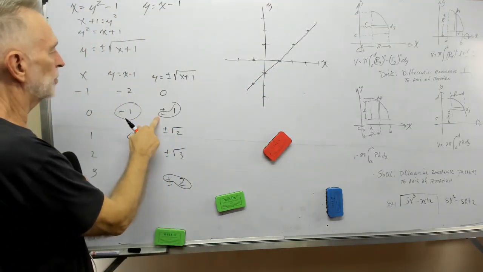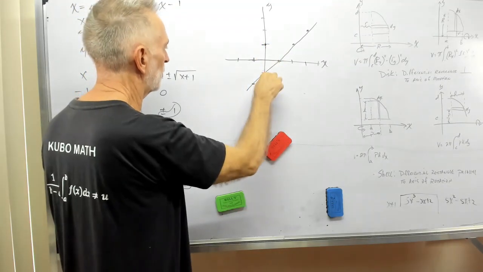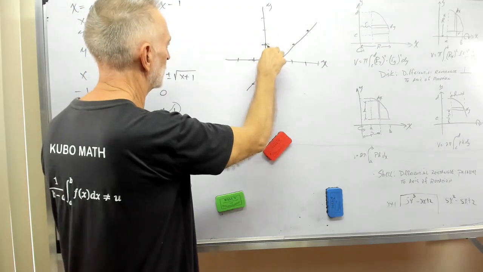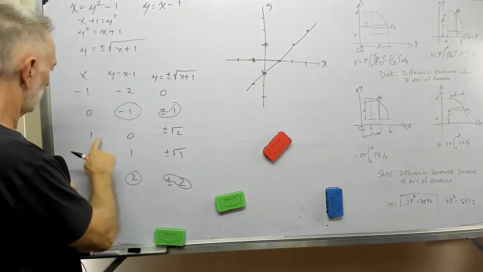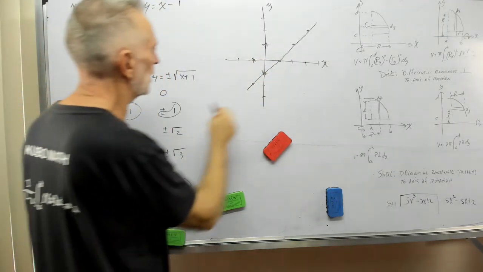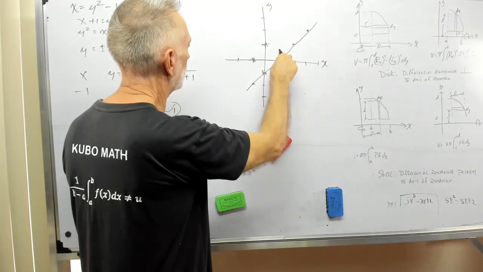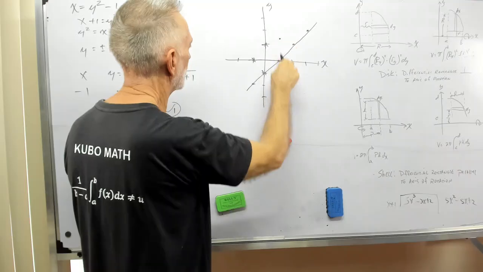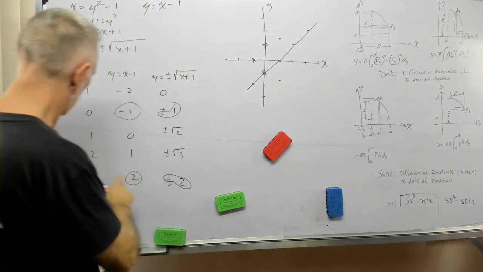0 plus or minus 1. So x is 0 plus or minus 1. So that's my points here. 1 plus or minus square root 2, 1 plus or minus 1.4, somewhere in there.